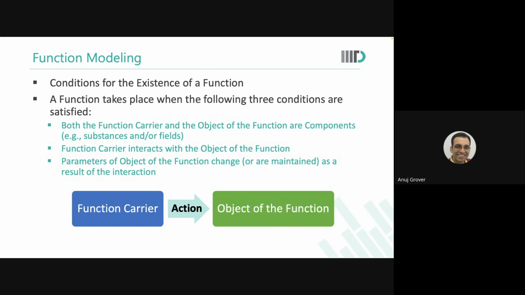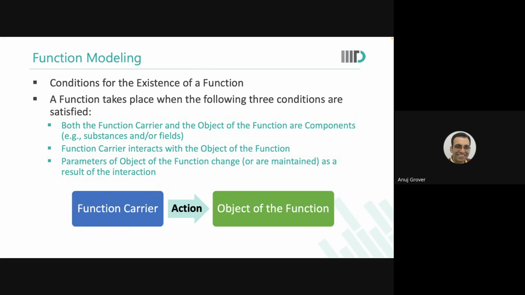Then, parameters of the object of the function change or are maintained as a result of the interaction. So, the first rule says that a function can exist only between components of a system or a super system.